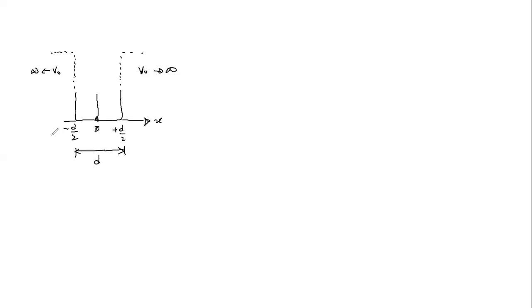Then at this point, if V0 is the same as infinity, then at x equal to the origin, V0 will be the same as 0, since at this point it is infinite.